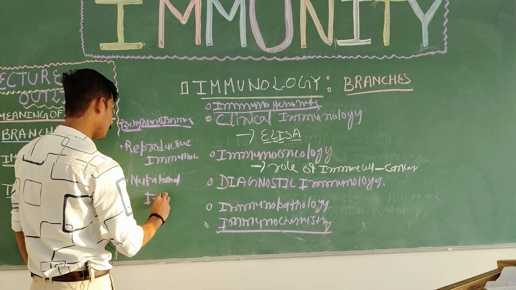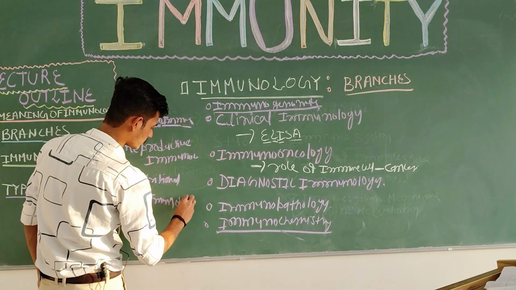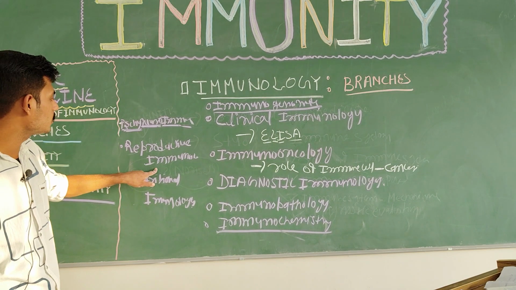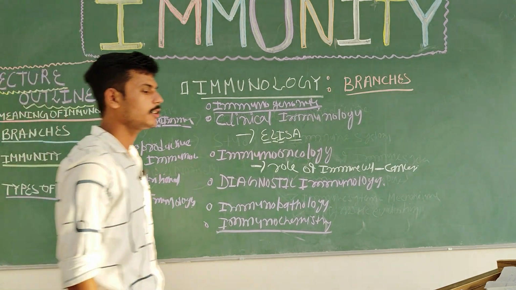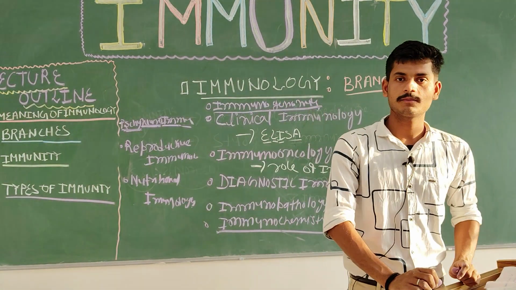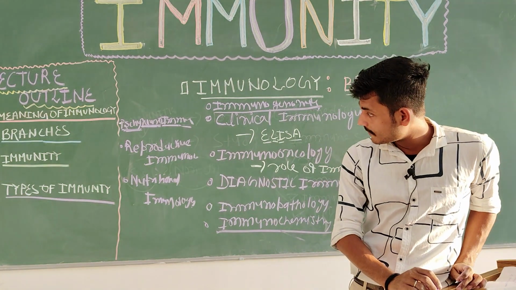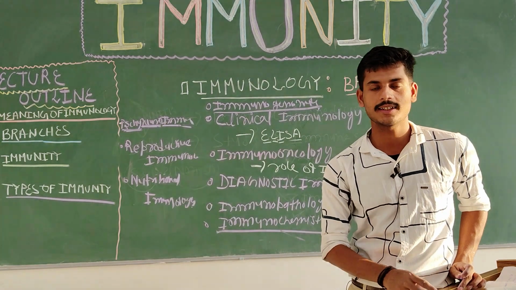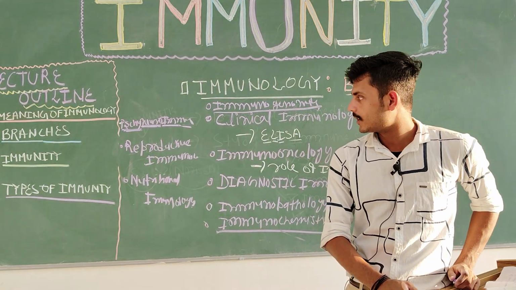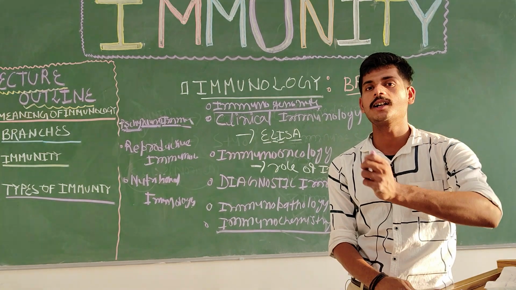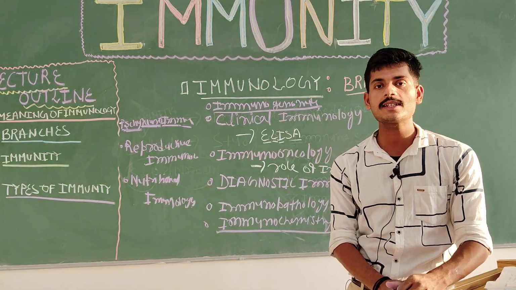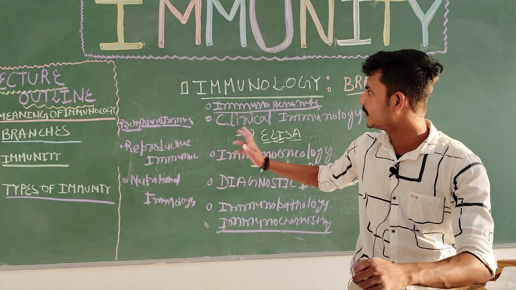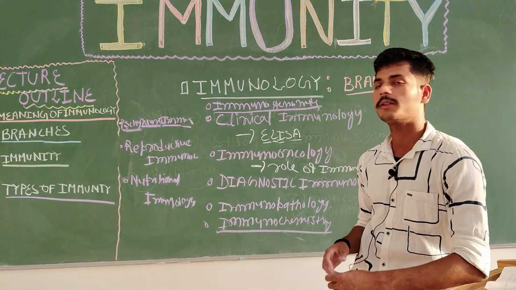Reproductive immunology is concerned with the study of the immune system in reference to the reproductive system. There are diseases where the reproductive immune system is altered, and all those diseases are studied under the separate field of immunology called reproductive immunology.